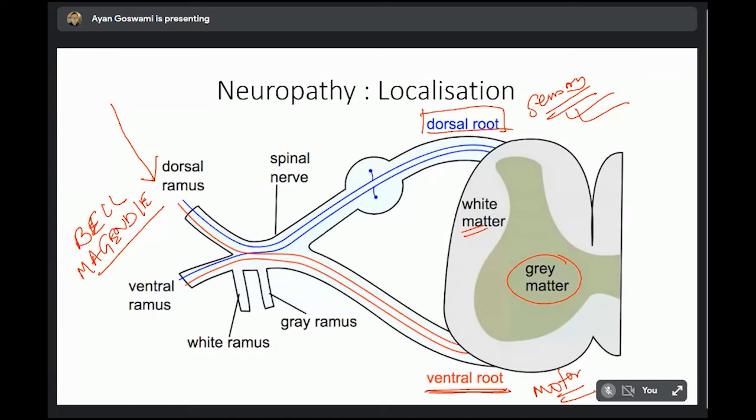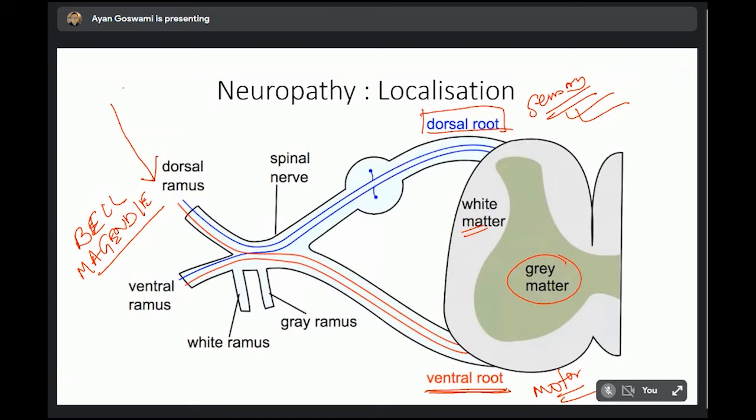So I guess you have studied knee jerk in your 10+2. So when we strike over the patellar tendon, right? When we strike over the infrapatellar tendon, so quadriceps muscle is stretched, right? And this stretch sensation is carried through the dorsal ramus, right?